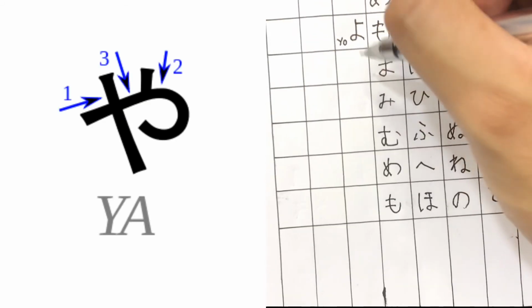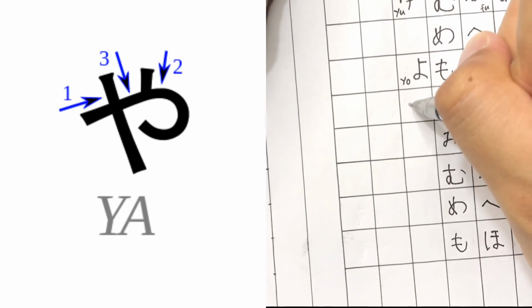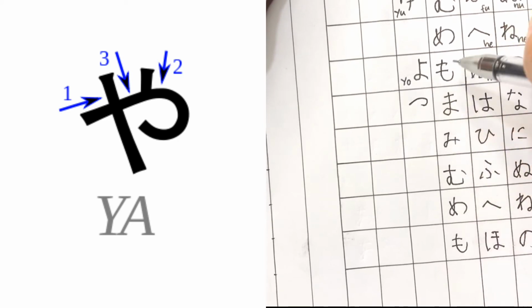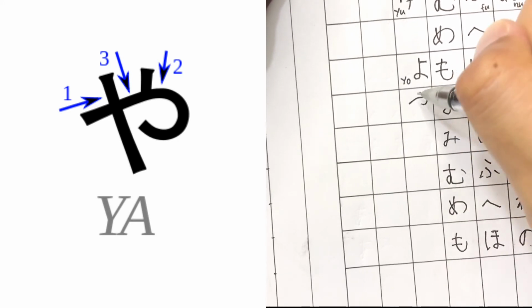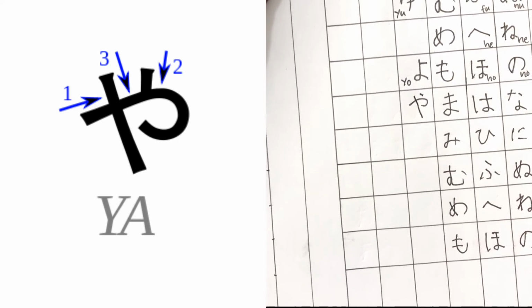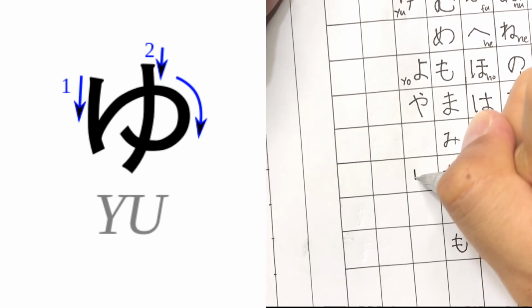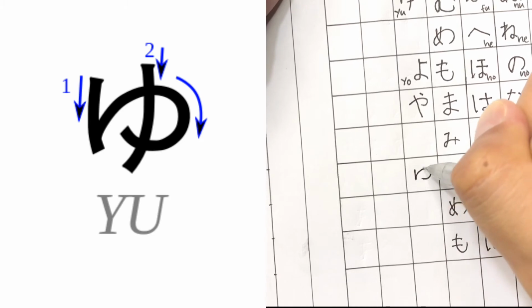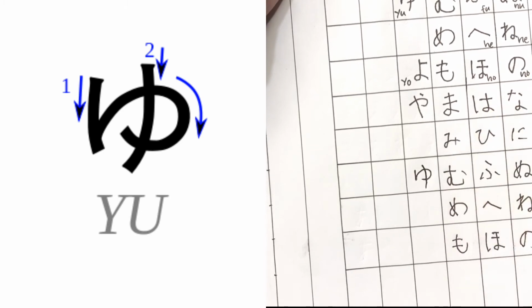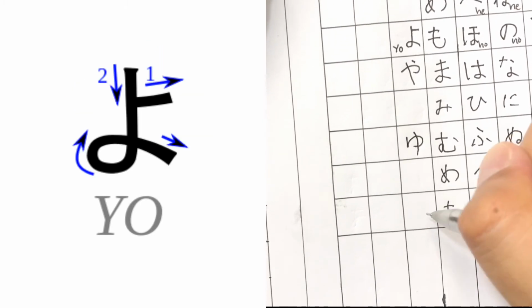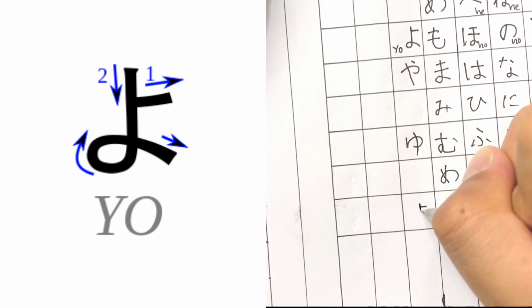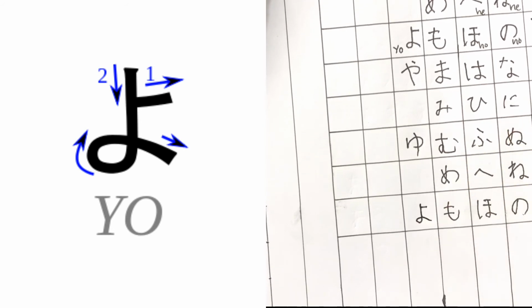First is the ya. 1, 2, 3. Yu, 1, 2. Yo, 1, 2.